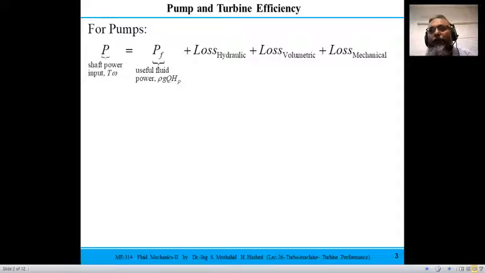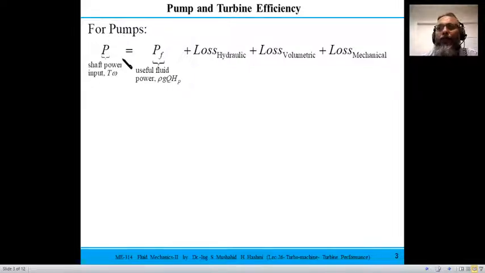So let's look at the energy balance for the pump. Pumps are devices which transfer energy from the shaft to the fluid. Whatever energy is supplied through the shaft would be the available energy, which is actually the input to the pump.